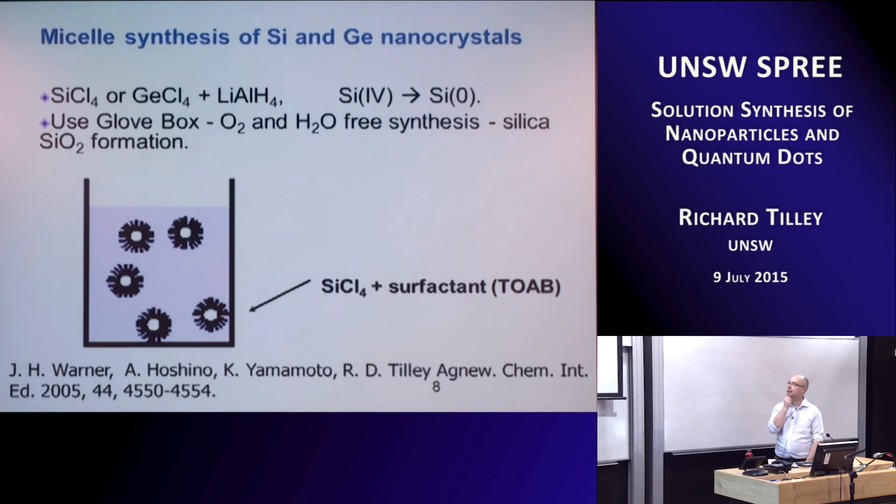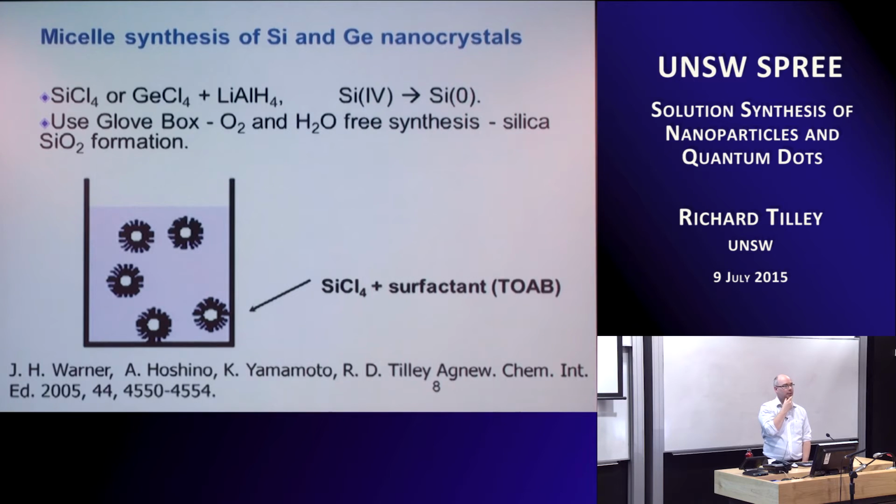In the beaker we would use some silicon tetrachloride, or if we're making germanium dots, some germanium tetrachloride. Then we'd put in a reducing agent, for example lithium aluminium hydride, which will reduce the silicon 4 from the chloride down to silicon, and you can make some nice silicon dots.